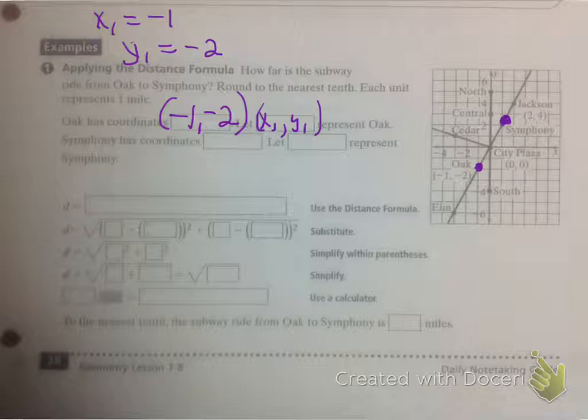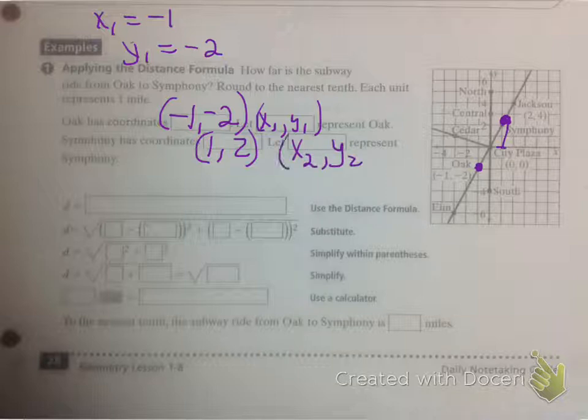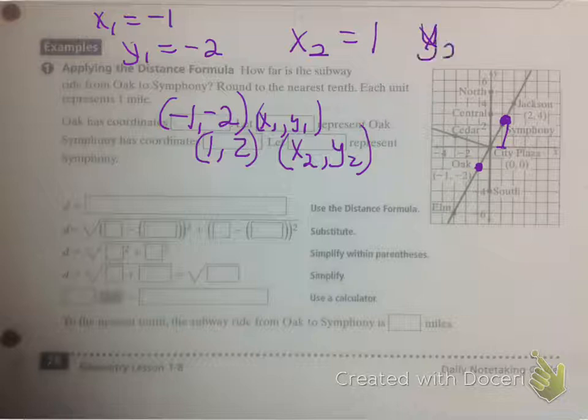The Symphony's coordinates are not on this picture, but it would be over 1 and up 2, so that would be 1, 2. I'm going to make that my x2 and y2 coordinate. So up here I'm going to write myself a little note that x2 is 1 and y2 is 2.